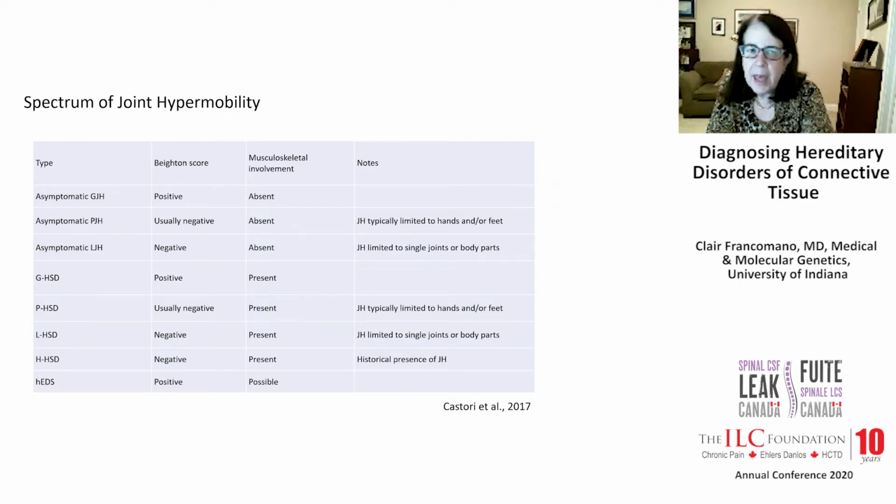Asymptomatic joint hypermobility and the hypermobility spectrum disorders may represent generalized joint hypermobility, or GJH, peripheral hypermobility, which is limited to the small joints in the hands and feet, or localized joint hypermobility, which includes just a single joint or body part.